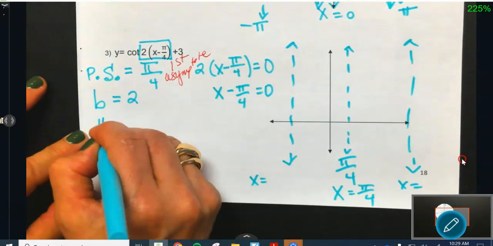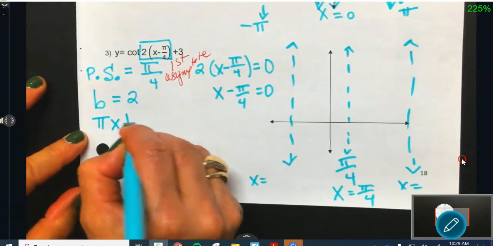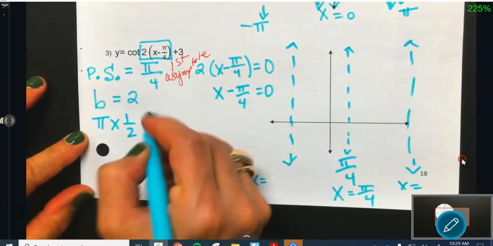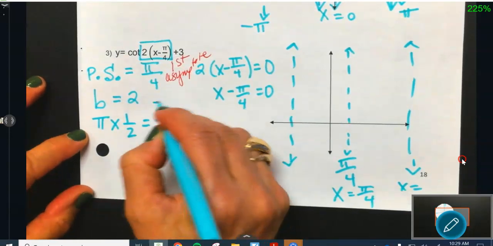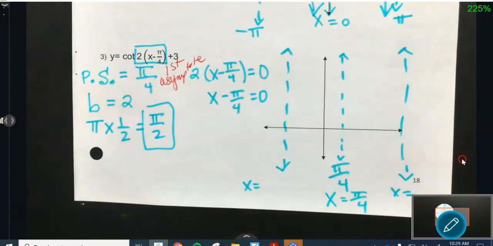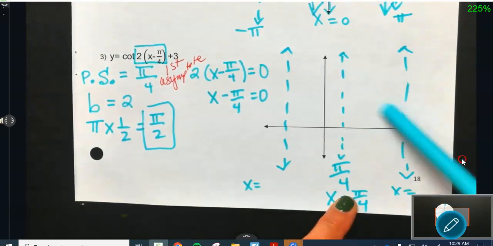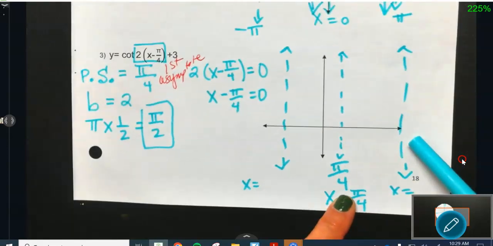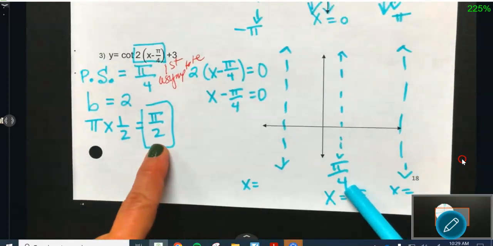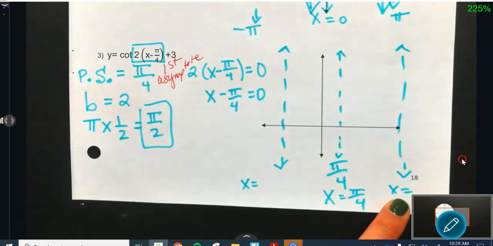So we're going to take pi and multiply by the reciprocal of b. So what's the period? A half, yeah. So if this is pi over 4, this space right here is pi over 2. So pi over 4 plus pi over 2 is going to be that.